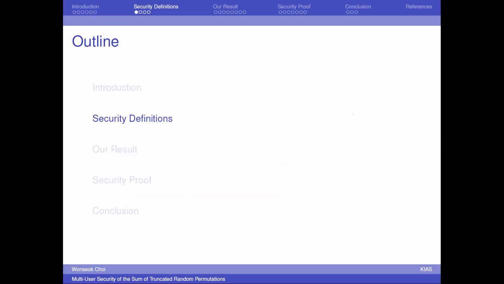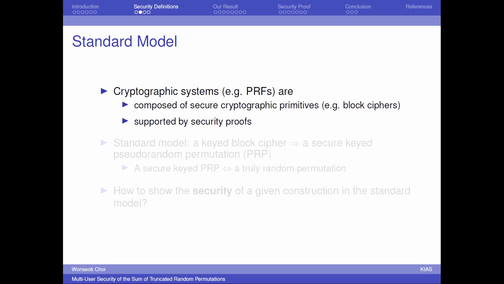Now let's talk about security definitions. Our cryptographic systems are composed of secure cryptographic primitives and supported by security proofs. In our case, the cryptographic system will be a PRF, and this will be made with block ciphers.